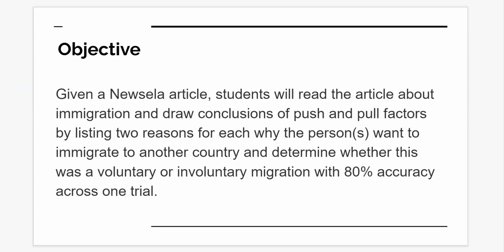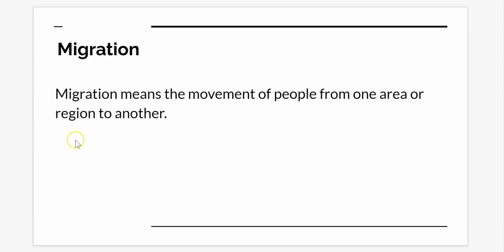So what we'll be doing at the end, we're going to talk about migration, what it is, push and pull factors. So when you get to the exit ticket or the assignment, you are able to decipher between what voluntary and involuntary migration is, as well as what are push and pull factors.